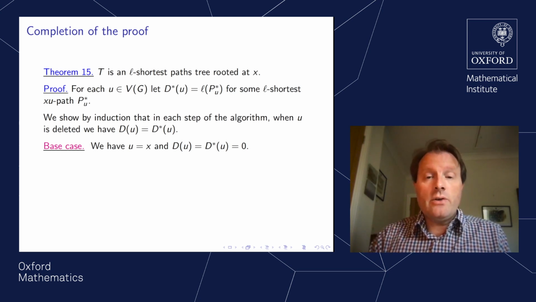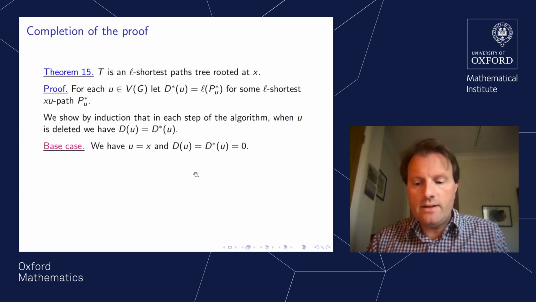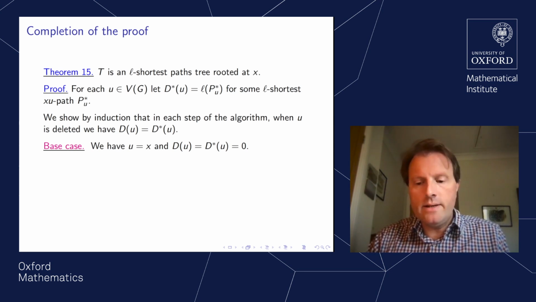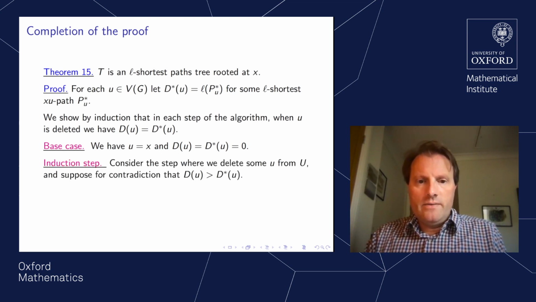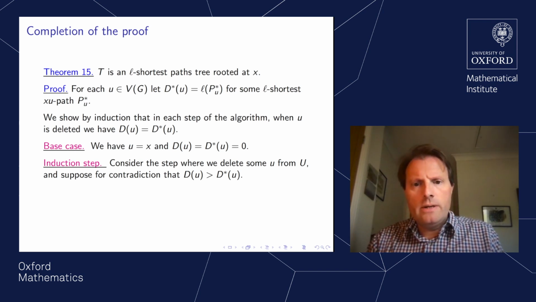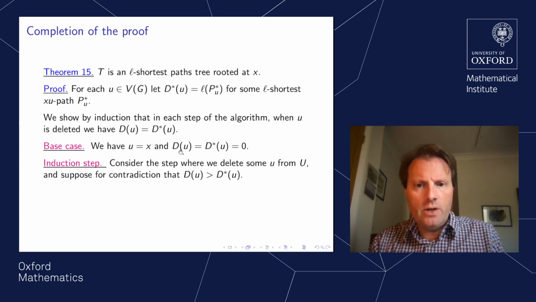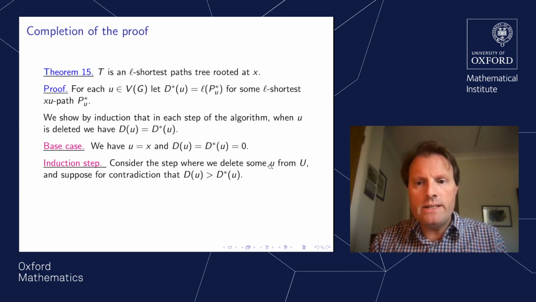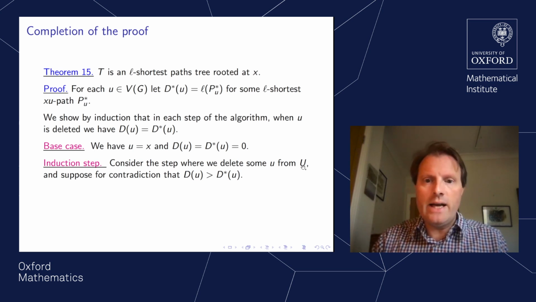And that's the correct value, namely the length of the shortest path from X to X has length 0. Okay, so that's the base case. What about the inductive step? Okay, so what we're trying to show is that D of U is D star of U for every vertex U. We're doing that one vertex at a time. We're doing it considering the vertex where we delete U from our set U. In other words, when we finalize the value of D.